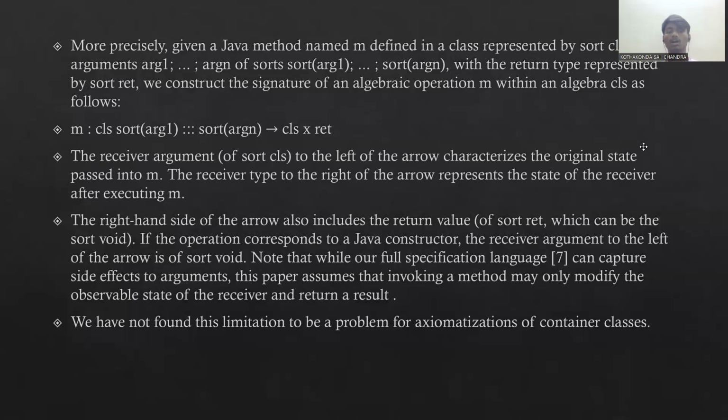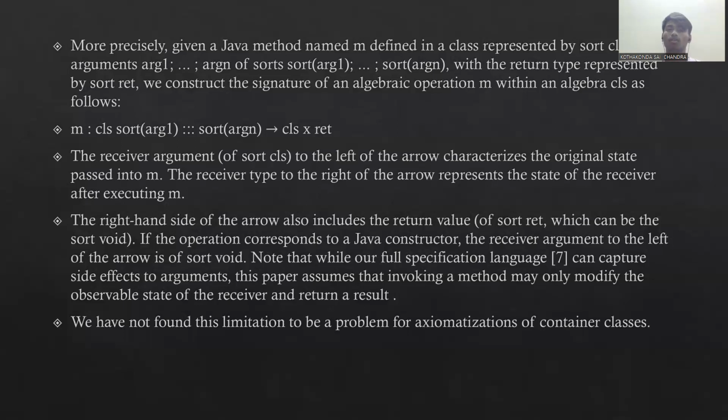The receiver argument of the sort CLS to the left of the arrow characterizes the original state passed into m. The return type to the right of the arrow represents the state of the receiver after executing m. The right-hand side part of the arrow includes the return value of the sort return, which can be of sort void. If the operation corresponds to a Java constructor, the receiver argument to the left of the arrow is of sort void.